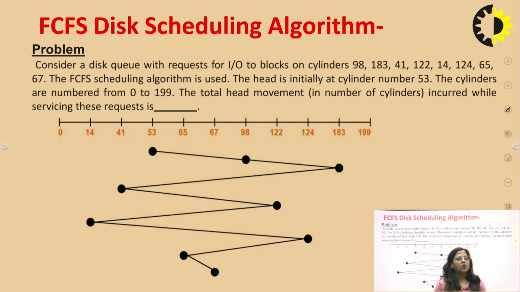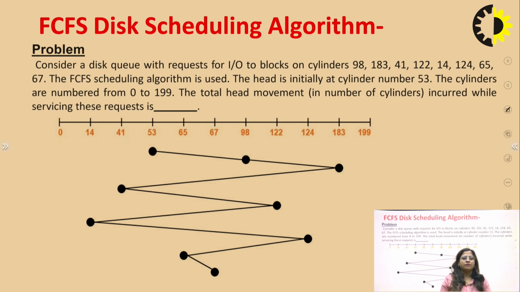Okay, now we use first come first serve scheduling. The head, the read write head, is initially present on this number, which is 53. The cylinders are numbered, total cylinders means total tracks, from 0 to 199.